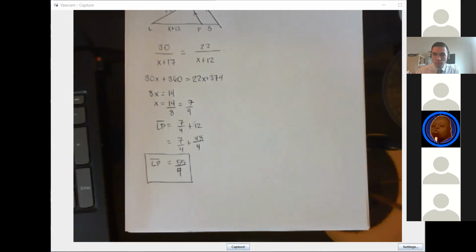Yes, so the answer will be on a separate sheet of paper. Once the quiz goes live, and it'll go live at class time, I expect you to do the work on a separate sheet of paper, and then at the end, when you're all done, upload that. There will be a spot for uploading tests and quizzes. Just upload that separate work, and then I'll be grading that for your quiz grade.